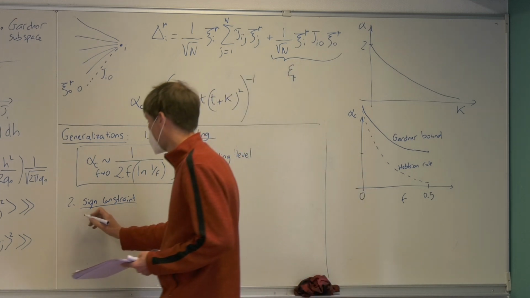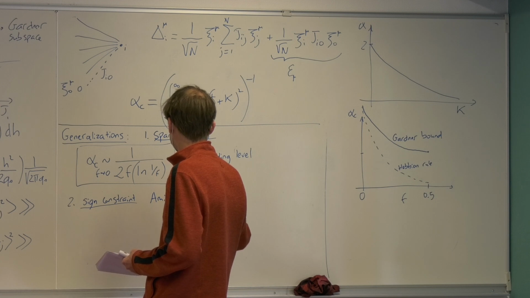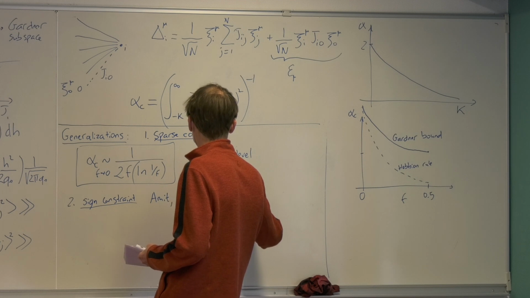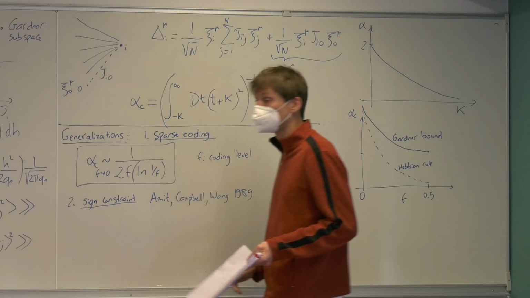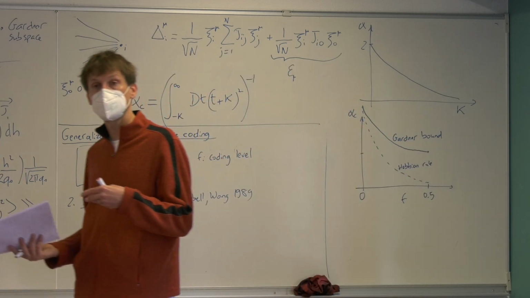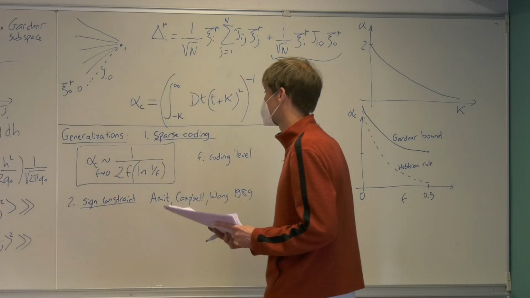So that was actually first derived by Amit, Campbell, and Wong in 1989. And there is a very simple result, that if all synapses are sign constrained, the capacity is just divided by 2. Okay, a really simple result.